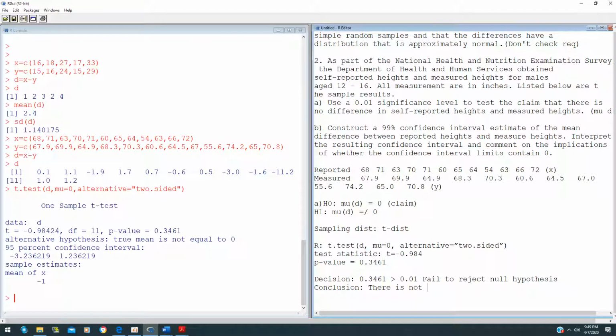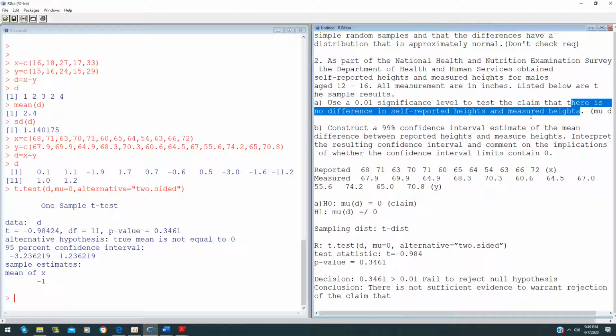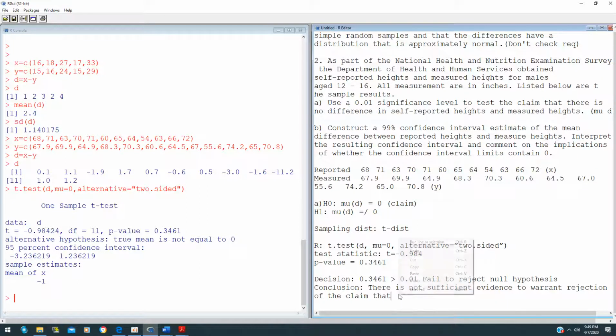There is not sufficient evidence to warrant rejection of the claim that, now the claim says what? That there is no difference between self-reported height and measured height. So you copy and paste over here. So this is how we perform your hypothesis test, and this is how we do question A.